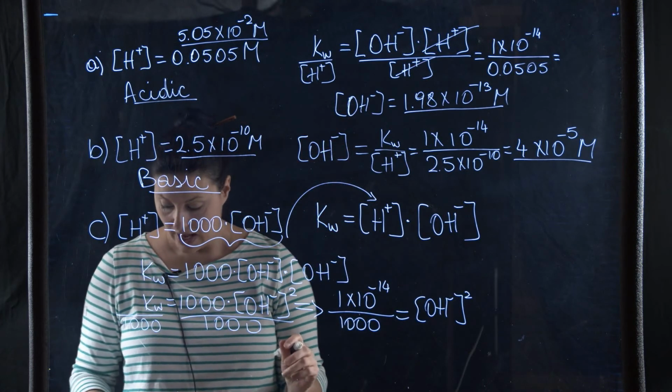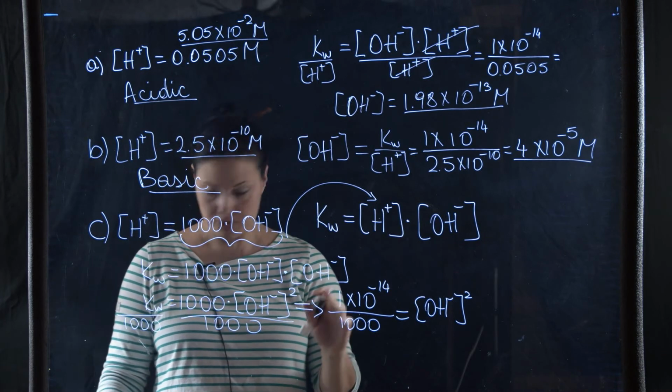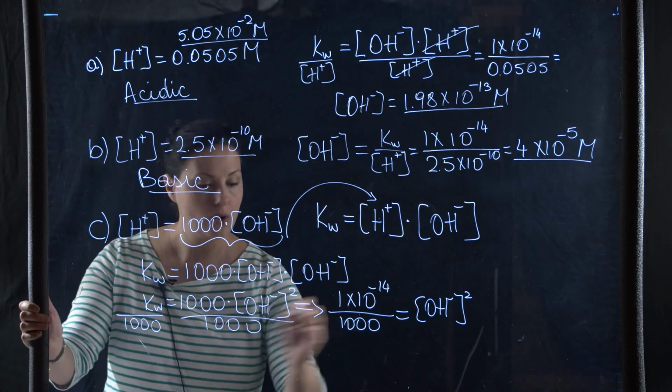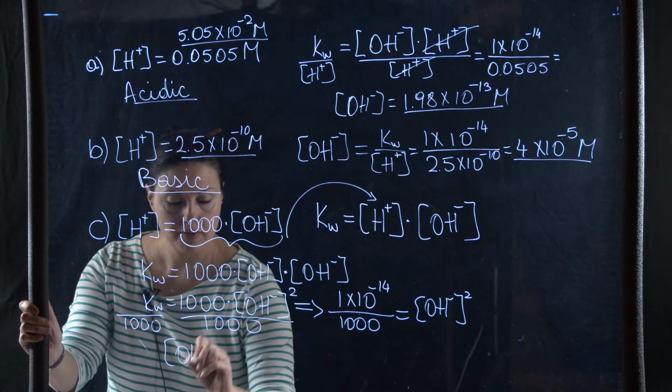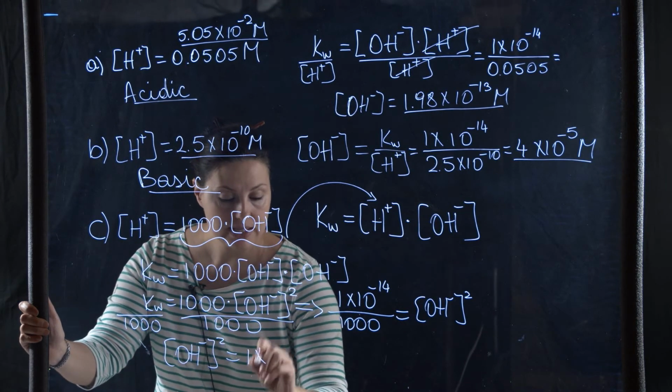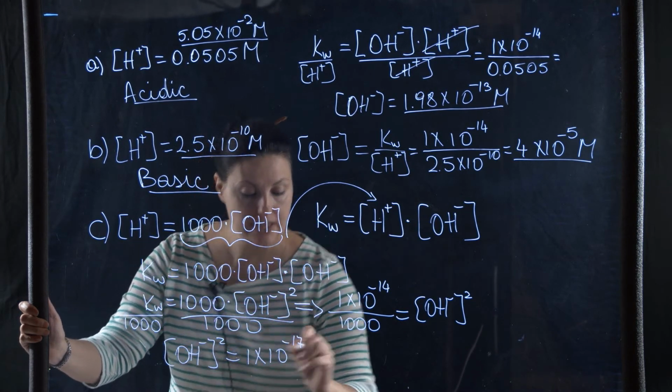I've done it in one step and I'm trying to do it not in one step for you. So OH minus squared is going to be 1 times 10 to the minus 17th.